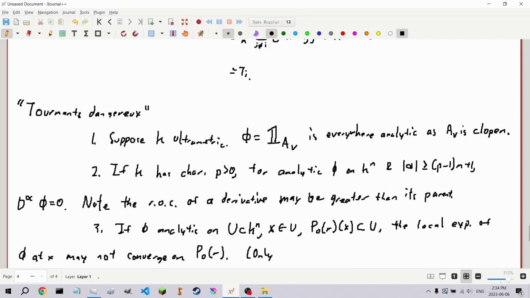This only holds true for the complex numbers. Yeah, I remember I worked through a book on p-adic analysis a while ago, and there's a lot of ugly behaviors that can pop up with analytic functions in the p-adic case, so just watch out for that.